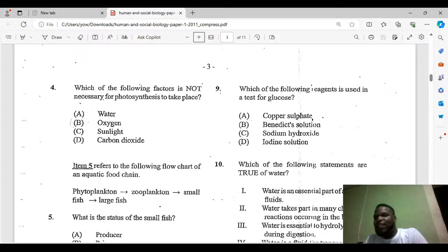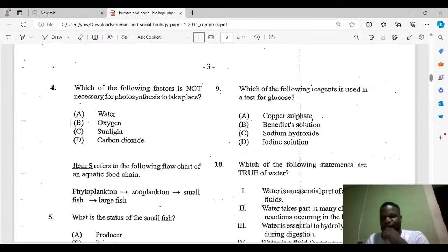What is iodine solution used to test for? Iodine solution. And we're seeing starch. So iodine solution, what's the color when starch is present? All right.